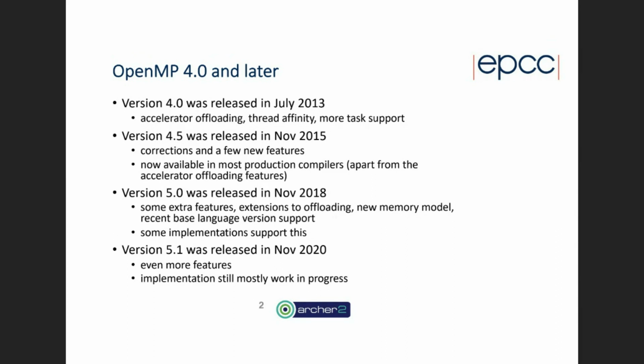Some implementations out there support the whole of 5.0. And then the most recent one is 5.1 from last year, which has even more features in it. But the implementation in production compilers is still mostly work in progress. You won't find many 5.1 compliant compilers out there yet.